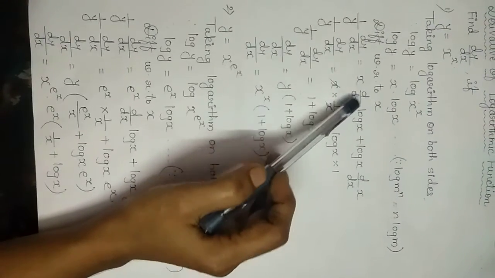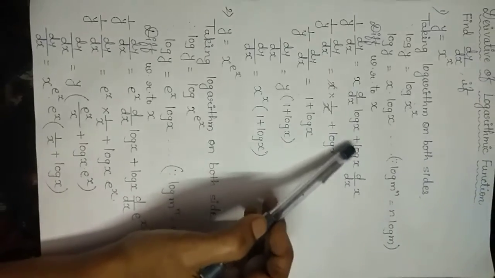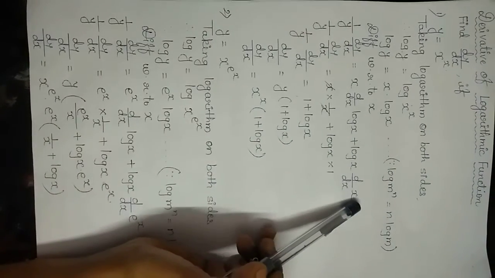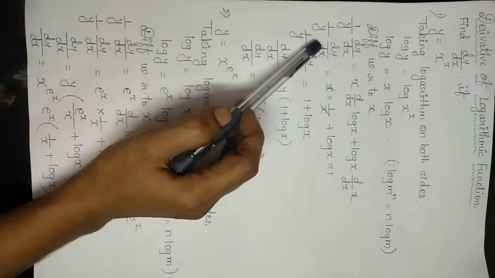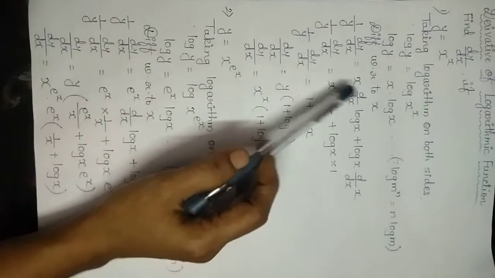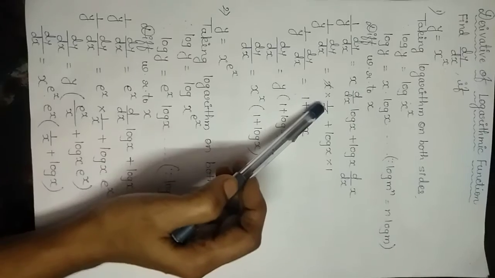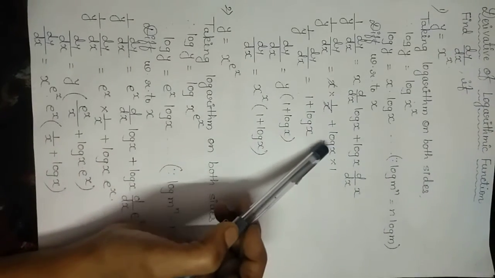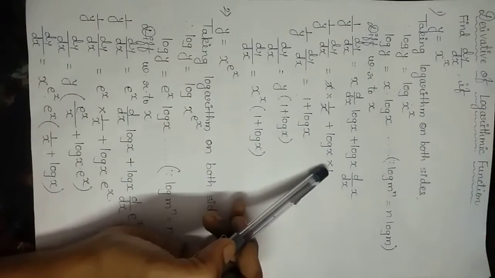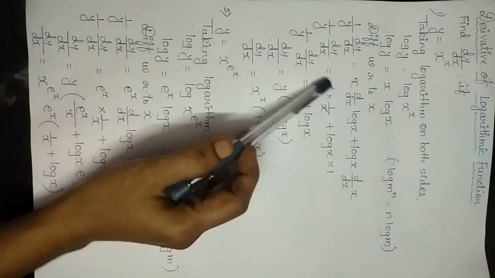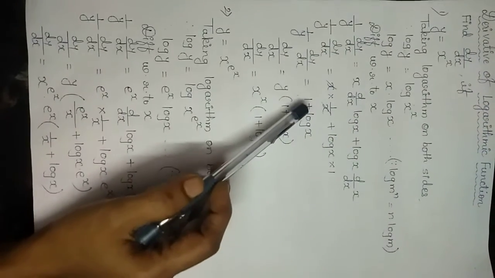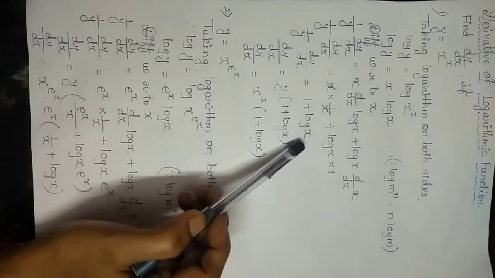So x into derivative of log x plus log x into derivative of x. Left hand side will be as it is. Here on the right hand side, x into derivative of log x is 1 upon x, plus log x as it is, derivative of x is 1. Now this x gets cancelled. So here we get 1 plus log x.